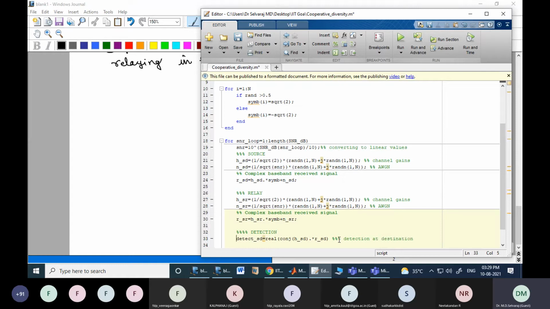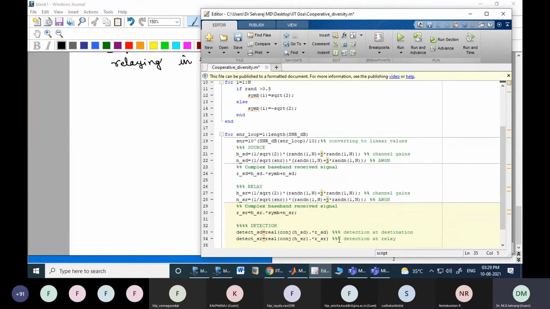This is again the same thing. This is at the relay, RSR, detection at the relay. Now we can count the other things, errors and so on.